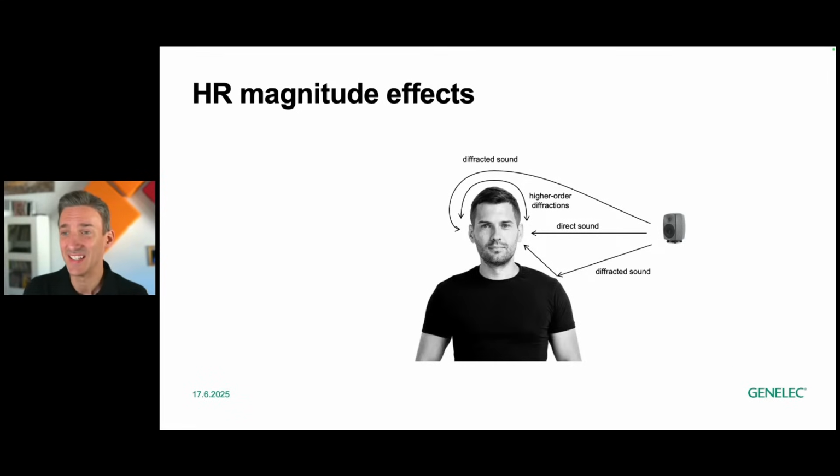And I think it's clear that this speaker, on his left side, is louder in the left ear. So direct sound is louder compared to the so-called diffracted sound at the other ear, because, as you know, frequencies have different wavelengths, and the higher the frequency, the shorter the wavelength. And let's say we are in a region of 2, 3, 4 kilohertz.